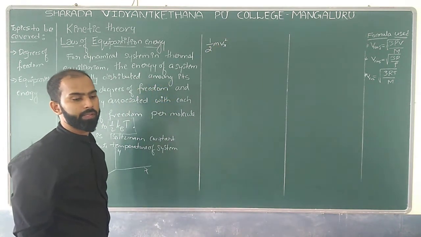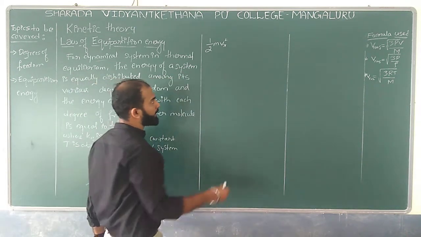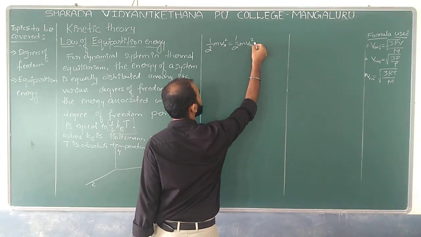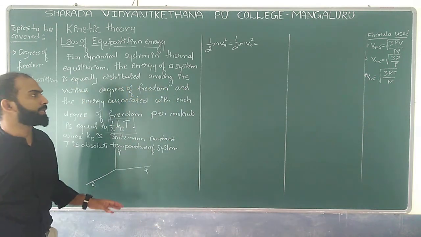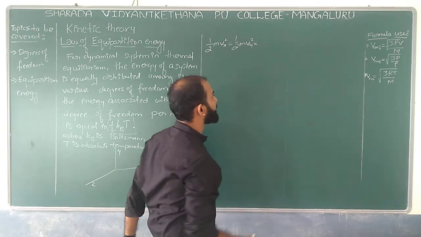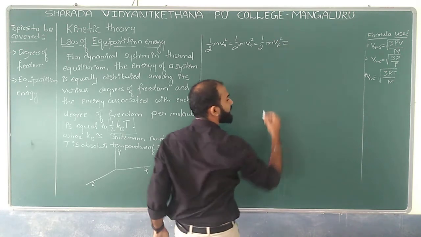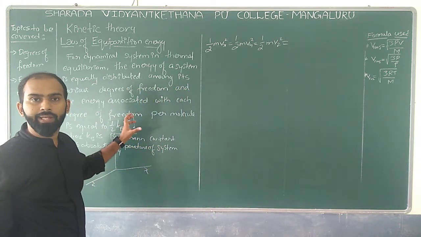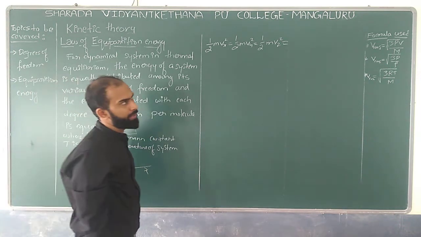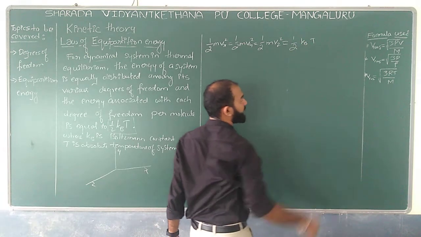Yes or no? Yes. Similarly, whenever it moves along the y-axis, it is half mvy square, and along z it is half mvz square, and each individual degree of freedom is equal to half kBT.